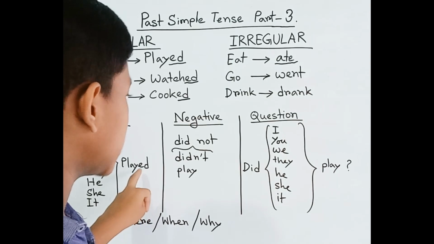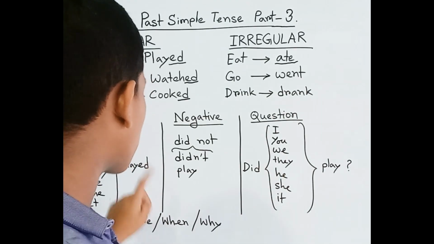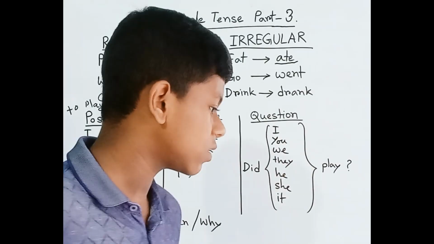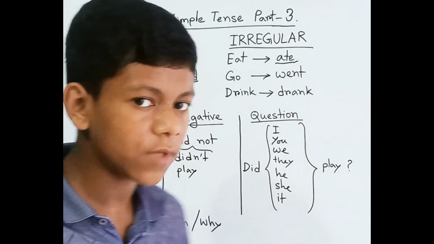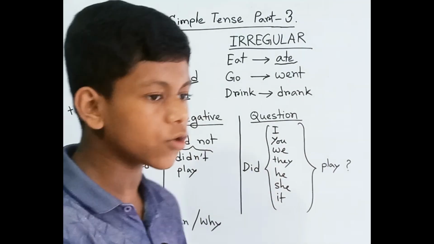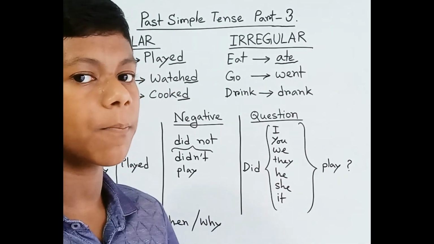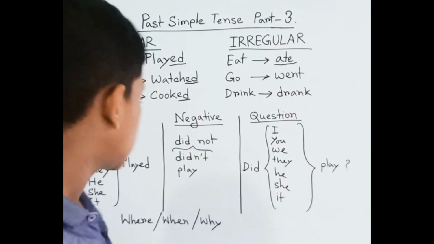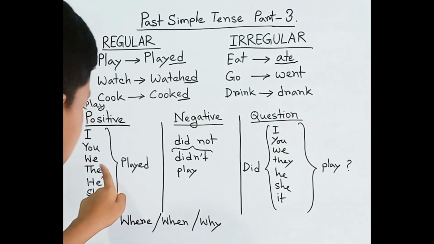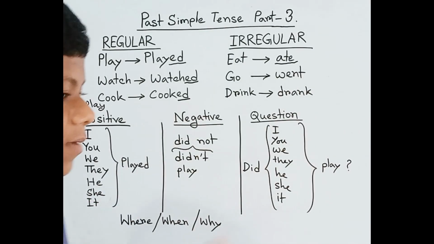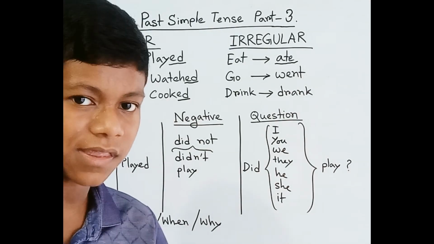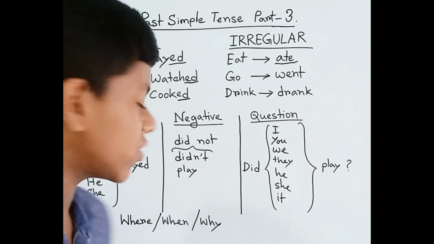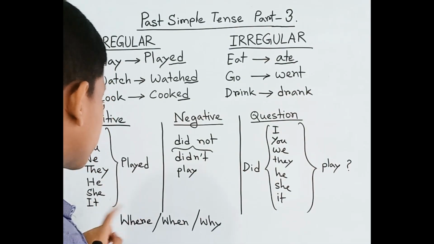This is the second form, or past form, of the base form play. So I played. For the positive, we simply transform the base form into the past form. I played, you played, we played, they played, he played, she played, it played.